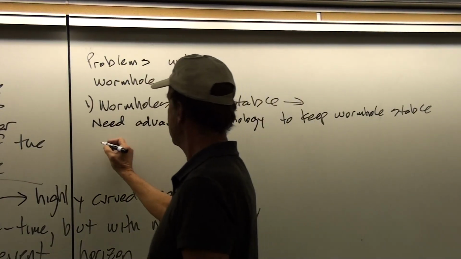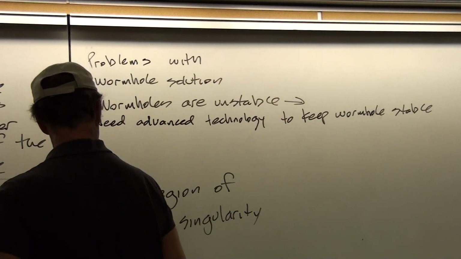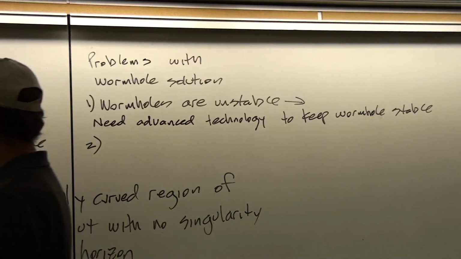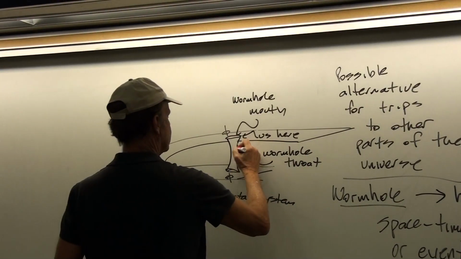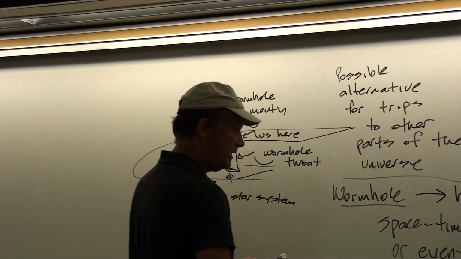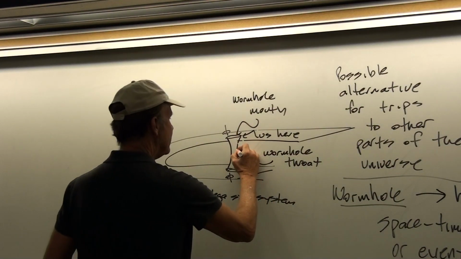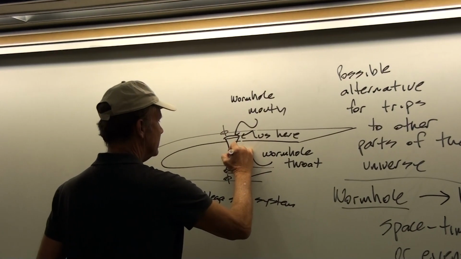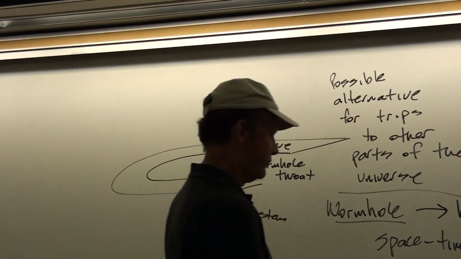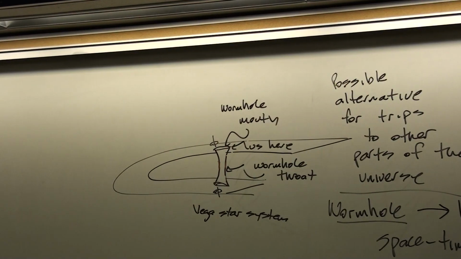Another problem is that you need negative energy in the center of the throat. So what this means then, negative energy, is like antimatter, not antimatter, but anti-gravity. You need negative matter.